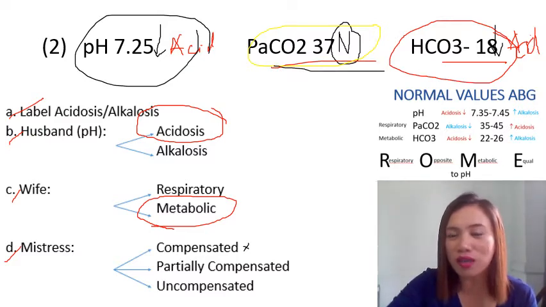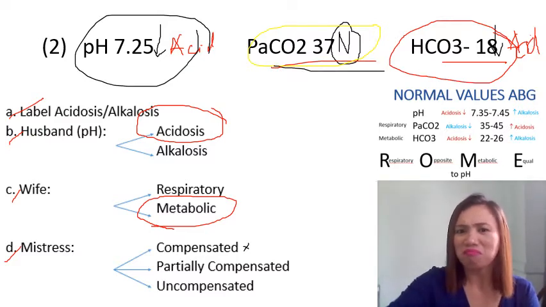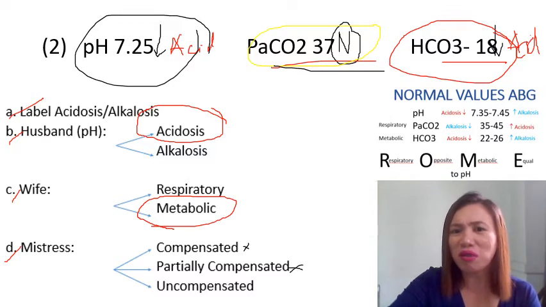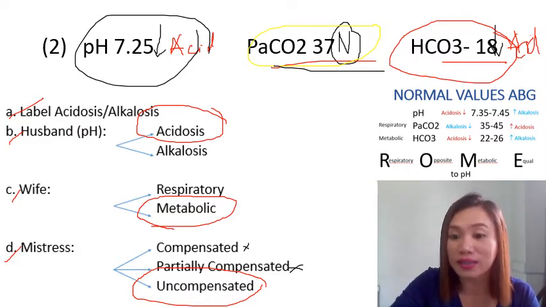Is it doing something though? No. It's normal. Therefore, it's not doing anything. It's uncompensated. So this result is metabolic acidosis uncompensated.